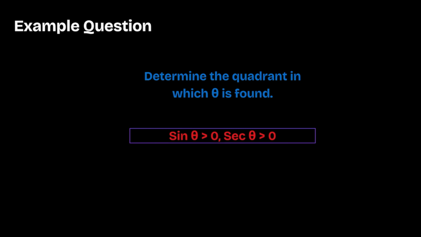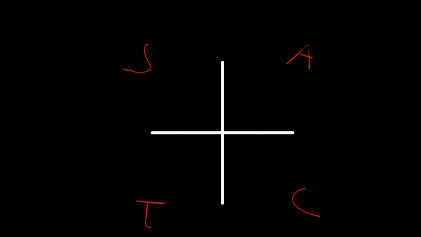So for this one, we have sine greater than 0 and secant greater than 0, which means both of these values are going to be positive. So if we look at our graph, our first is sine. Sine is greater than 0, so we know it's going to be positive in the all section and in the sine section. So we can put our 2 points down there just to remember. Our next value is secant being positive.